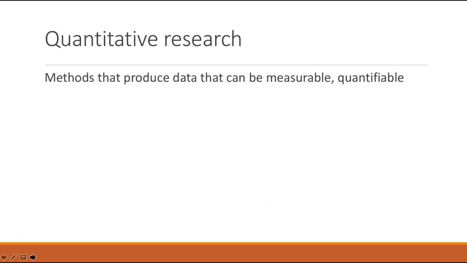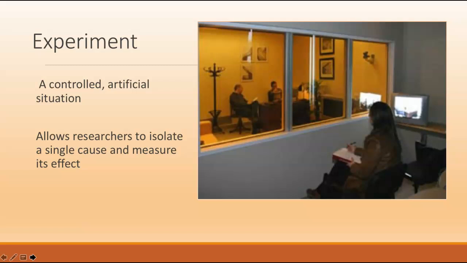Quantitative research in sociology involves using methods that result in quantifiable results. What this means is methods like experiments, surveys, and interviews. Experiments in sociology involve setting up a controlled situation where researchers can isolate specific variables. Here, you see a researcher observing people through a one-way mirror.